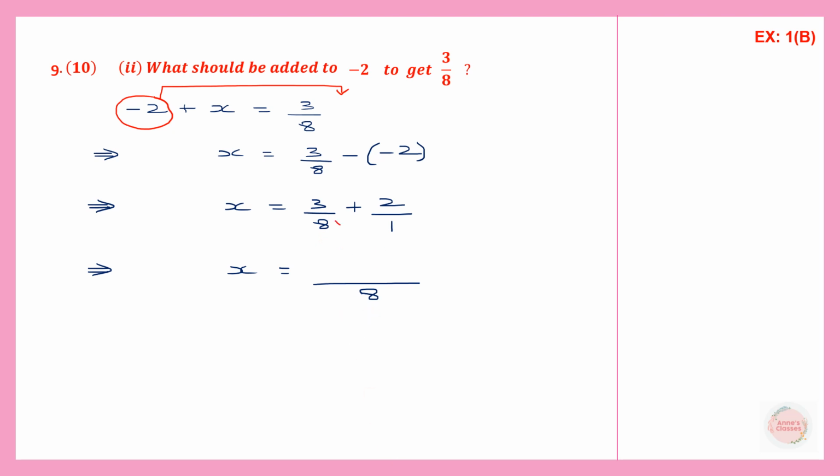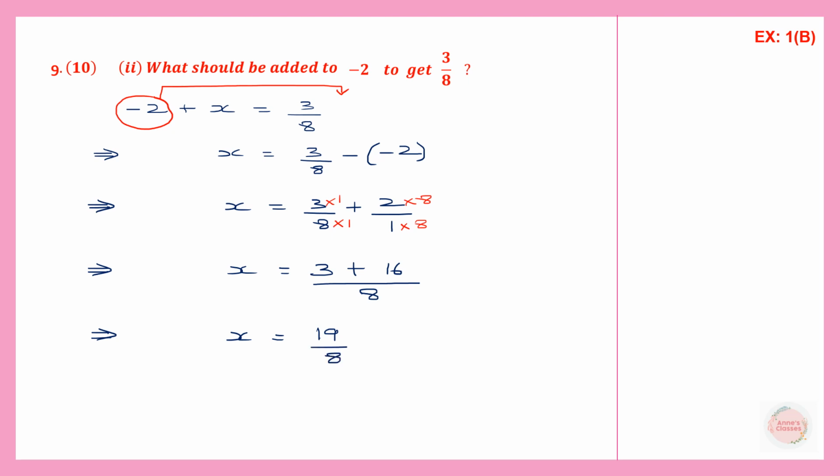Now 8 into 1 is 8, so 3 ones are 3, plus 1 into 8 is 8, so 2 into 8 is 16. So this will be x is equal to 3 plus 16, which is 19 by 8.